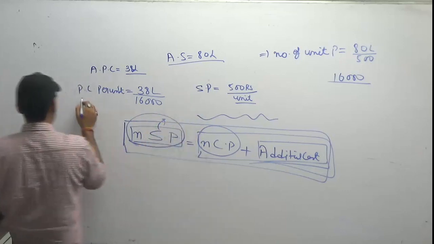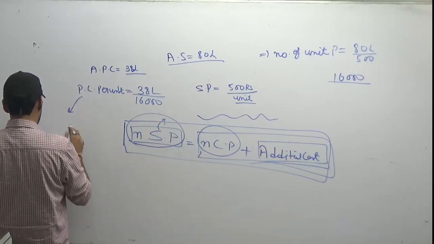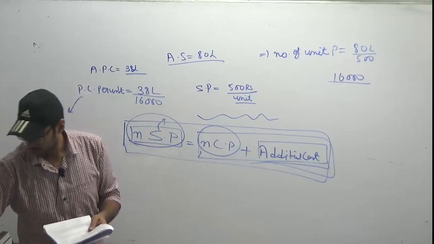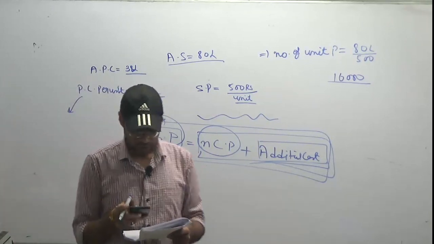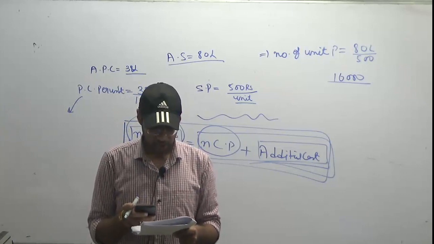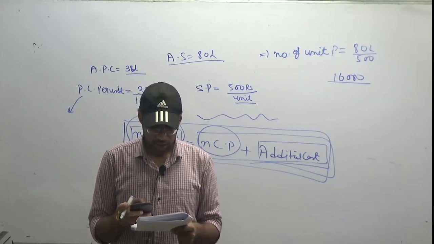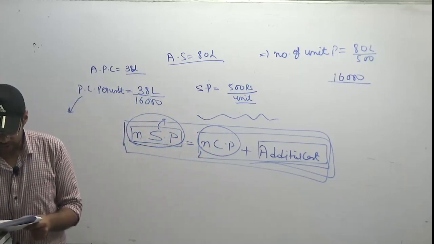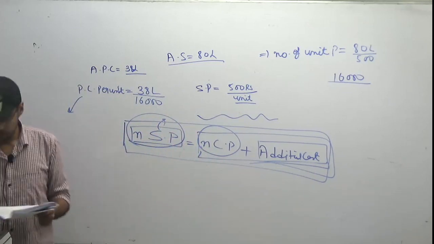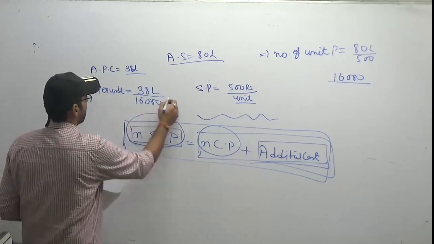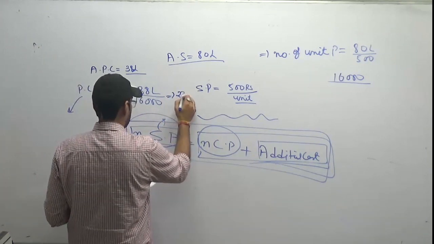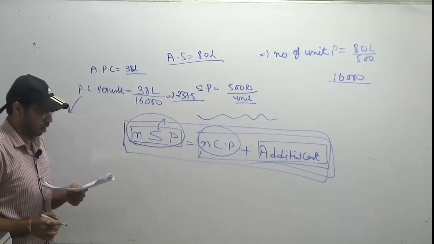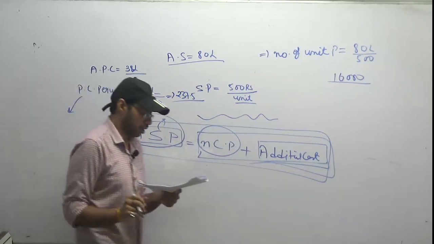From there the production cost per unit comes out to be, let me do the calculation, around 237.5. This is the production cost per unit.